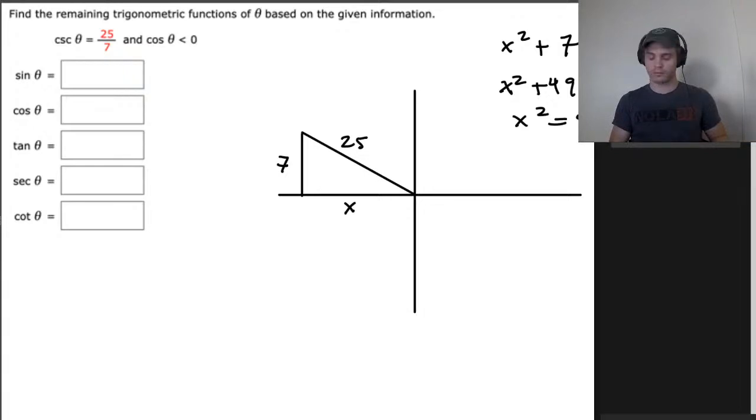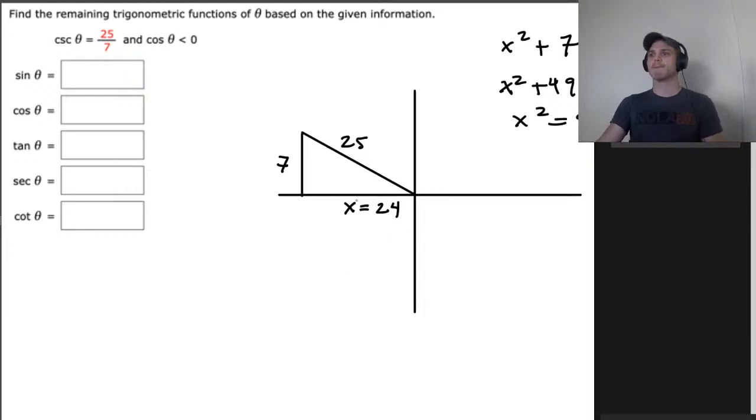I have no idea what the square root of that is. So 3 times 8 is 24, so 24 squared. Yeah, 24 squared. Okay, so this is 24.